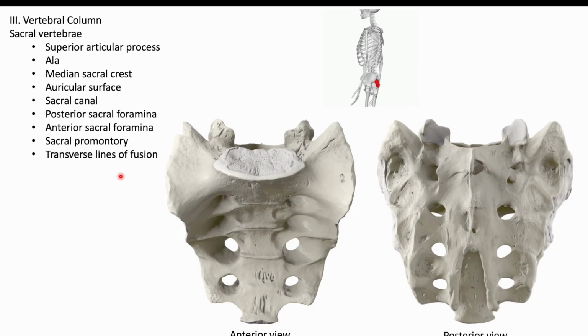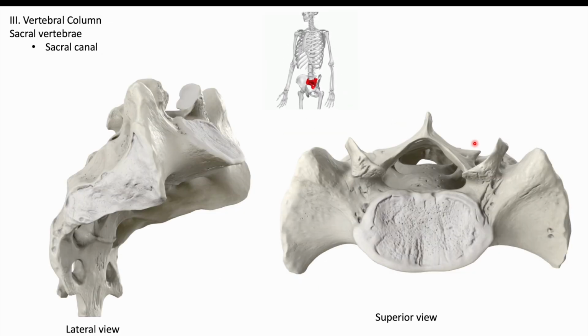All right. Now, coming back to this diagram, you can also see that there is this opening right here. This opening is called the sacral canal. And again, it's much more visible from the superior view looking down. So from the superior view looking down here, you can see the sacral promontory, and behind the sacral promontory is the sacral canal.